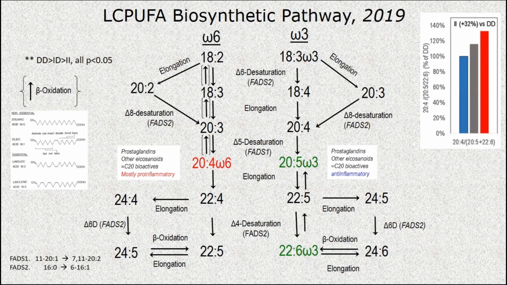Okay. This is a far too complicated slide for this end of this presentation, but I'm going to show you in a large sense. I put this on here to say a few words about the biosynthetic pathway, but more importantly, just the major thing that there is competition between the omega-6 and the omega-3s, and when there is a big imbalance between omega-6 and omega-3, we get suppression of the other side.